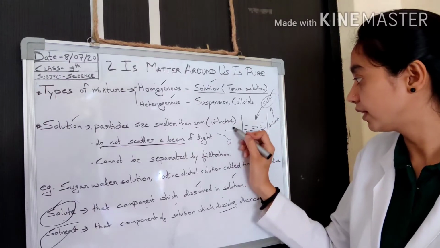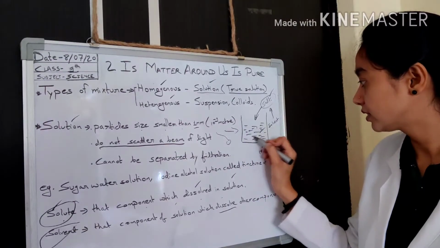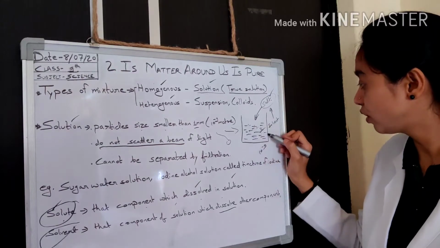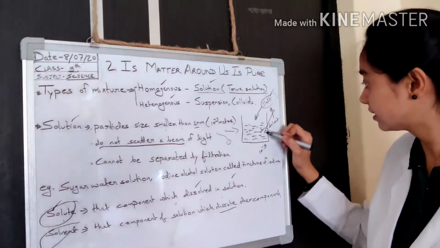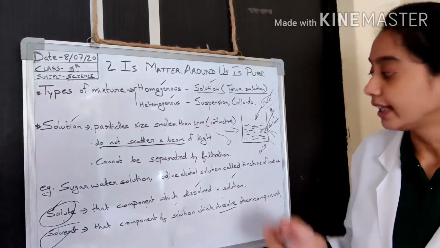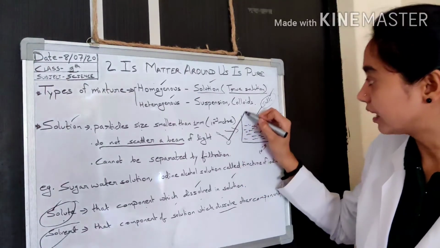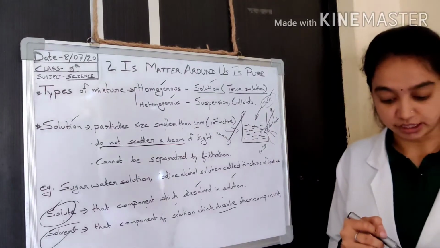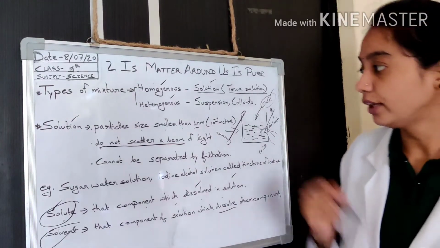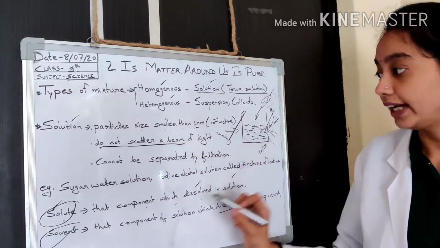If you shine a torch light, it stays just there and does not scatter like this. And in oil, whenever light falls, it scatters the light in another direction. So a solution does not scatter a beam of light.